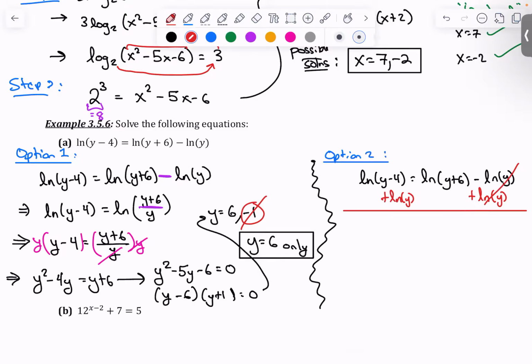That would give us, instead, natural log of y minus 4 plus natural log of y equals natural log of y plus 6.